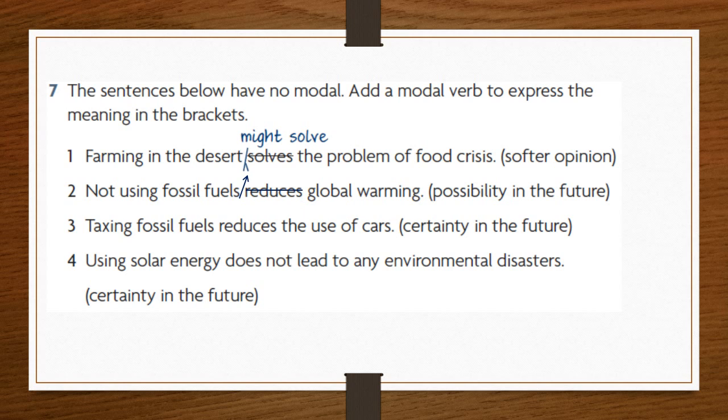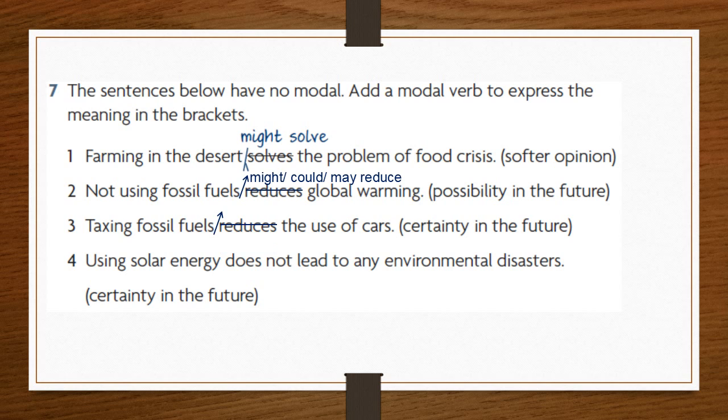Number 2, not using fossil fuels reduces global warming. Please use possibility. You can use might, could, may, can. So not using fossil fuels may reduce global warming, might reduce global warming, could reduce global warming. This refers to possibility in the future.